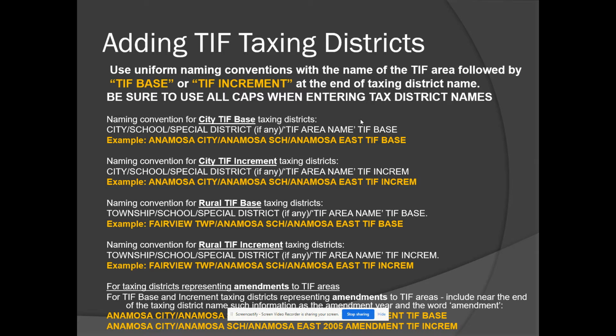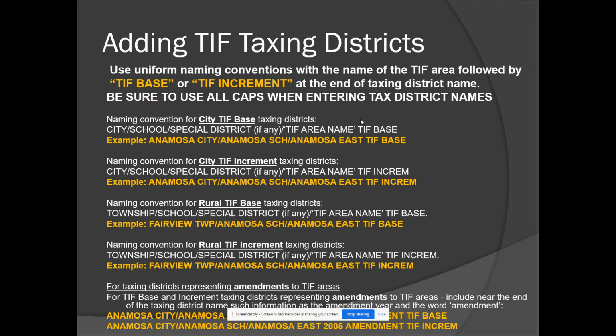That's in our example, the TIF area name, and then you'd end it with TIF base. When you create the increment that goes along with that, it would be Anamosa City, Anamosa School, Anamosa East, TIF increment. In the rural situations, you would have the same similar situation ending with TIF base and TIF increment.